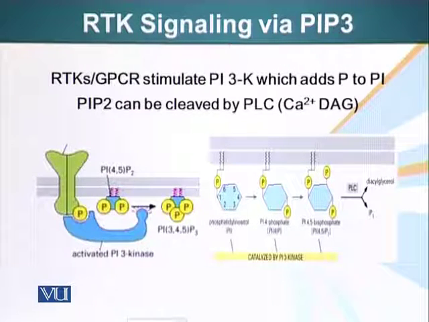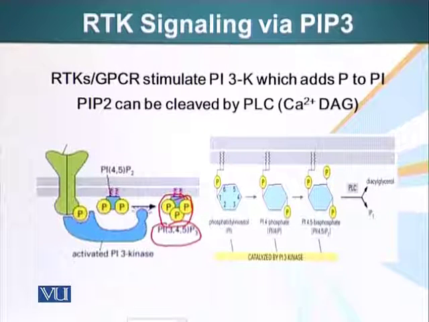This protein, when it is recruited at the site near the plasma membrane, adds a phosphate group to phosphatidyl inositol. When this happens, this molecule, which is embedded in the plasma membrane, serves as a docking site for other proteins.